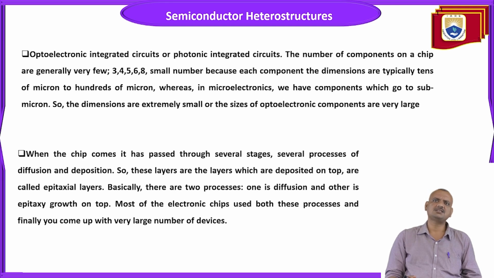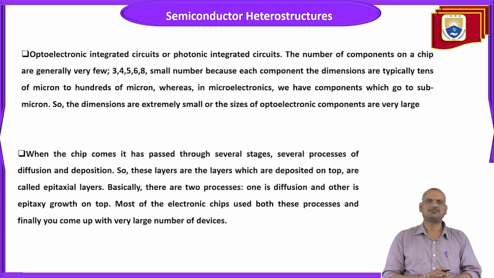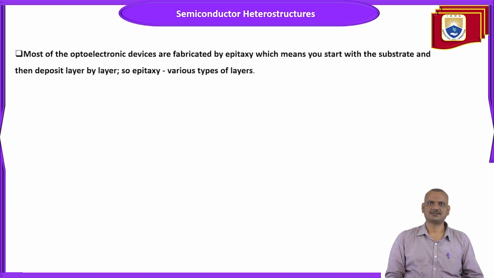The layers deposited on the top are called epitaxial layers, grown layer by layer on the substrate. Basically, there are two processes: one is diffusion and the other is epitaxial growth on the top. Most electronic chips use both these processes, and finally you come up with a very large number of devices.